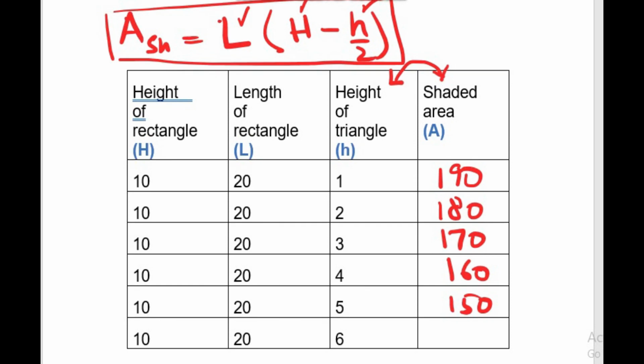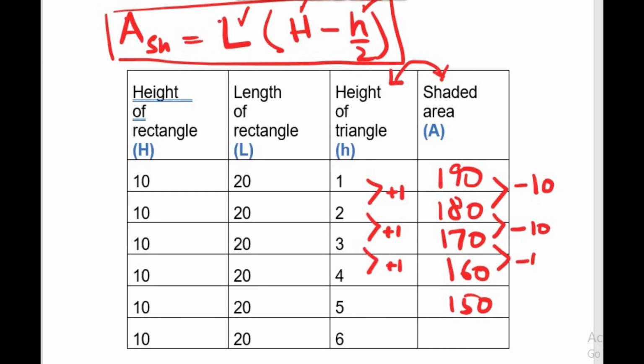Right, so in this case, with each increase in one of the height of the triangle values, what's happening? This time we have the shaded area changing by 10. 190 is becoming 180, so it's decreased by 10, and this is a consistent decrease.